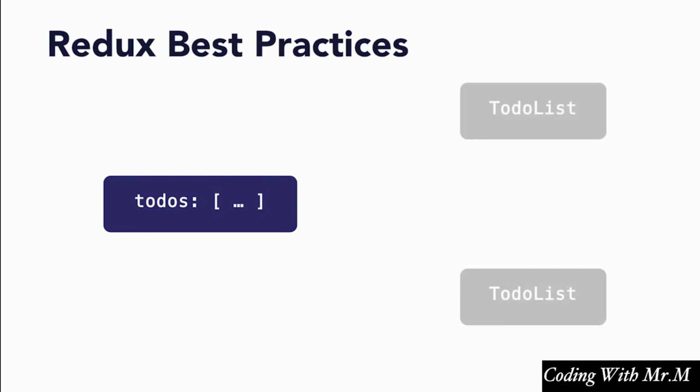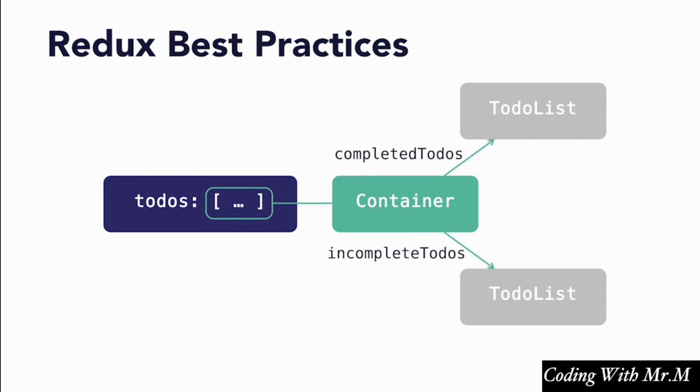For example, what if we wanted to have two separate lists, one that displayed all the completed to-dos and one that displayed all the incomplete to-dos? In this case, it wouldn't make as much sense to have our to-do list component connected to the store. It would make more sense to have some parent component that was connected to the store and have it simply display two identical to-do lists, but with different data.